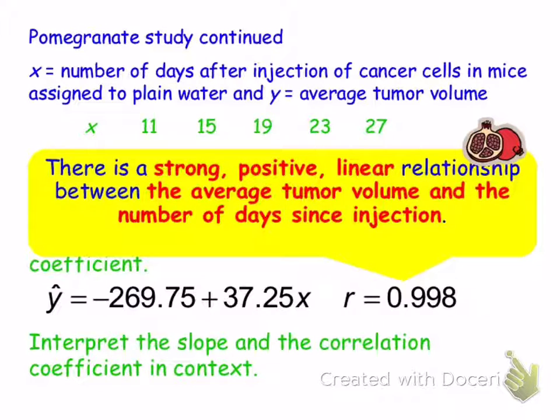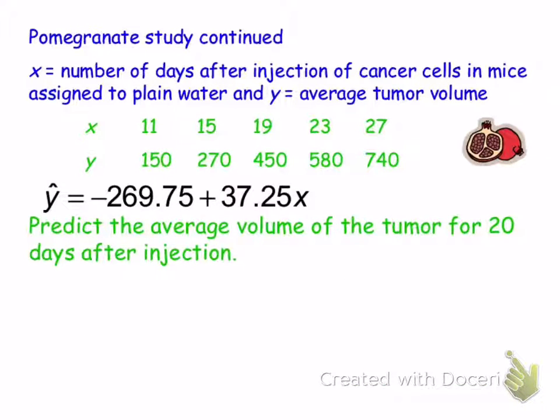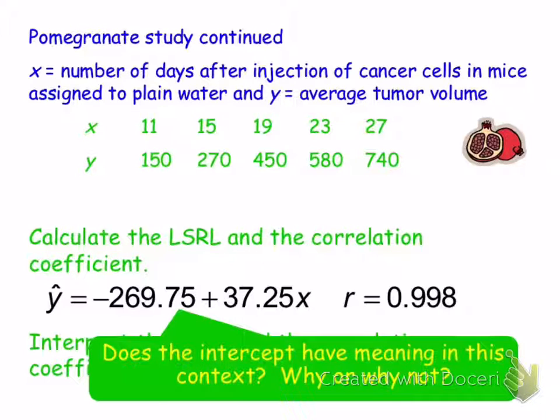And then lastly, the y-intercept. So the y-intercept is negative 269.75, which means that the volume of the tumor is negative 269 millimeters cubed. Impossible. Is that possible, to have a negative volume? No, it's not. So does this intercept have meaning in context? No, it does not, because it doesn't make sense to have a negative volume.